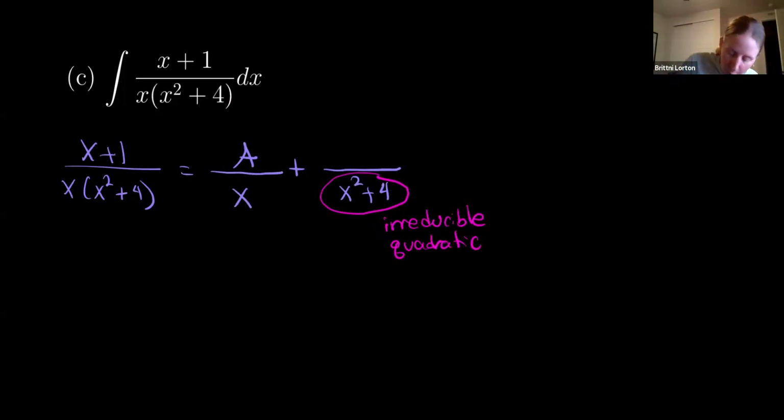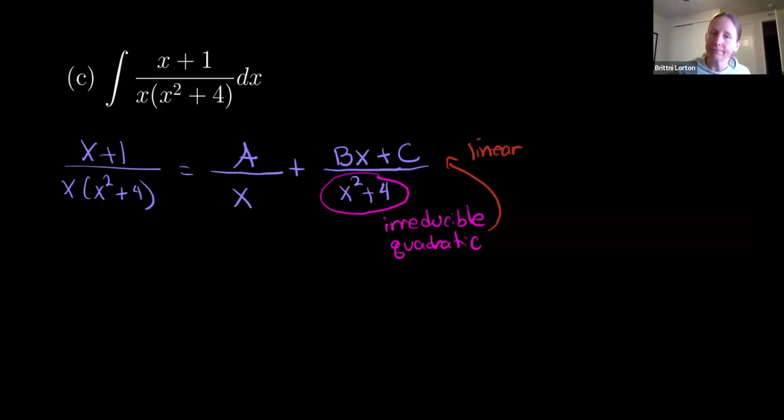So irreducible quadratic gets a linear term on top. So like an mx plus b. I just chose the letters B and C instead of M, but it doesn't matter. They're just arbitrary numbers that we're going to try to solve for. So every time you have an irreducible quadratic, you're going to get a linear term on top.